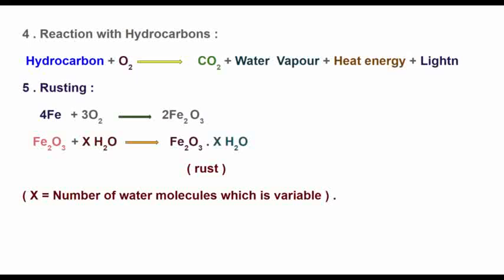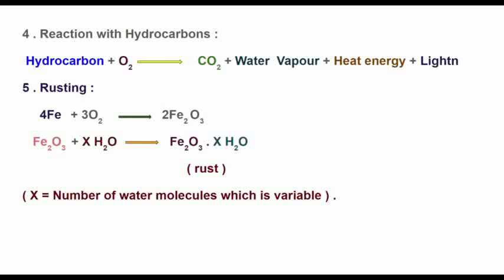Next is rusting. The process of conversion of iron into its hydrated form of oxide in the presence of air and moisture, that is, a humid atmosphere, is called rusting. Rust is hydrated ferric oxide. 4Fe plus 3O2 gives 2Fe2O3.